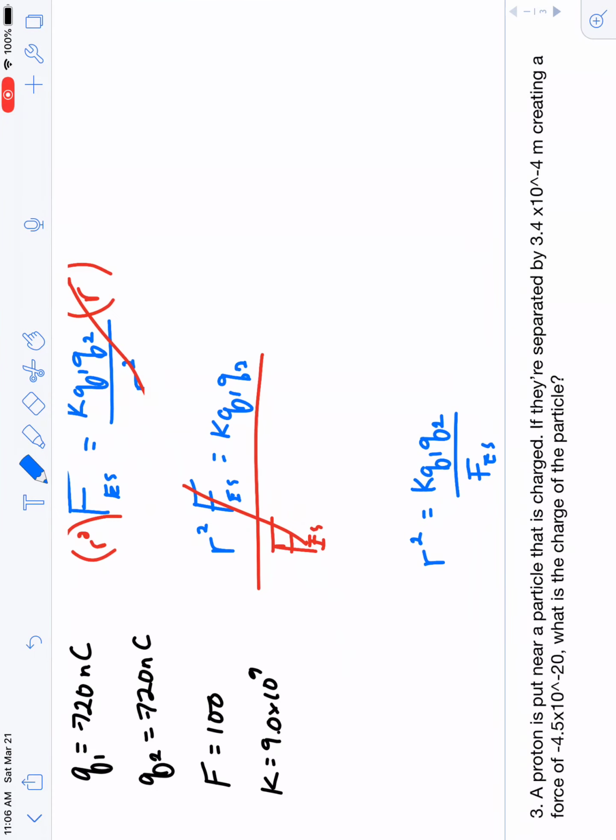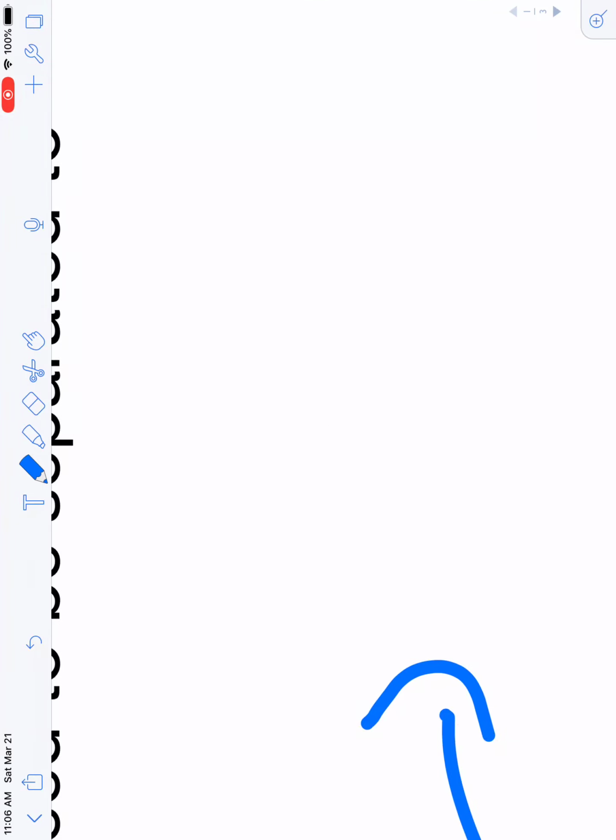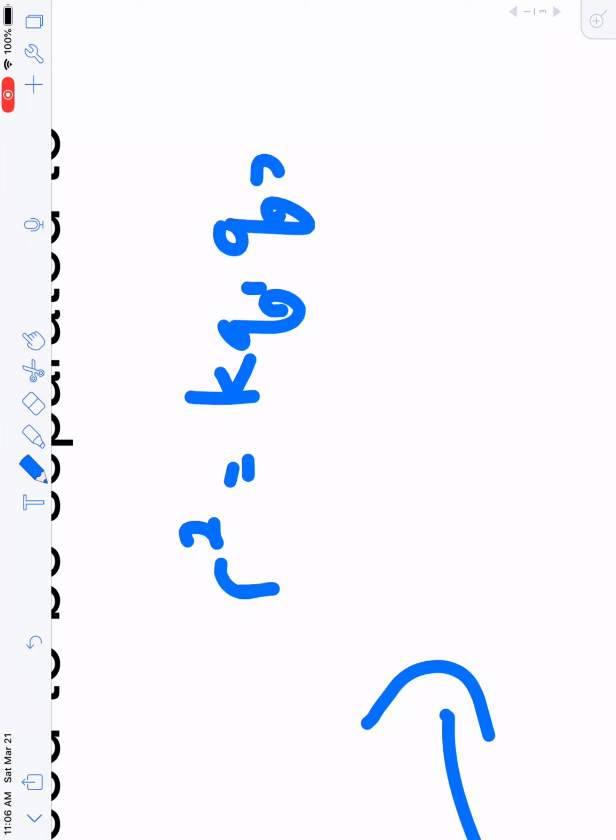We're going to move this on up over here. R squared equals K Q1 Q2 over F. The last thing, r technically is still not alone.